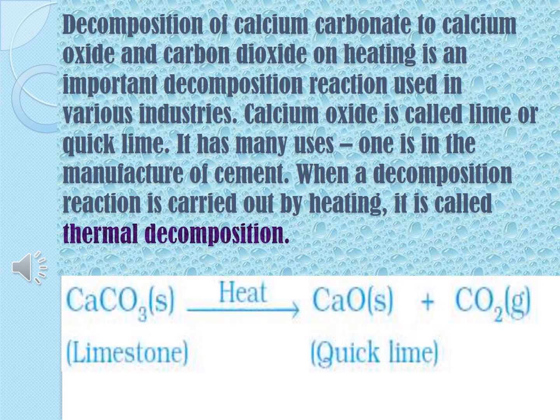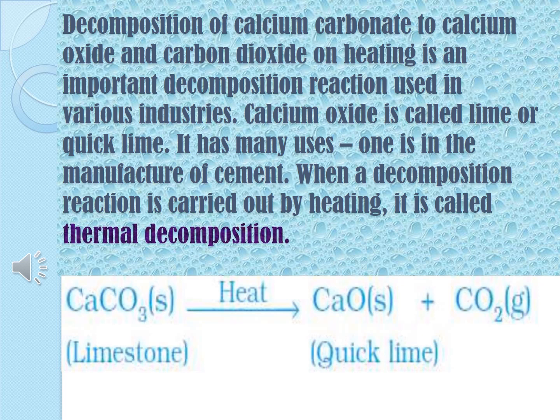Now there are several types of decomposition reactions, which are based on the sources by which reactants are decomposed. So moving towards the first type of decomposition reaction, it is thermal decomposition.